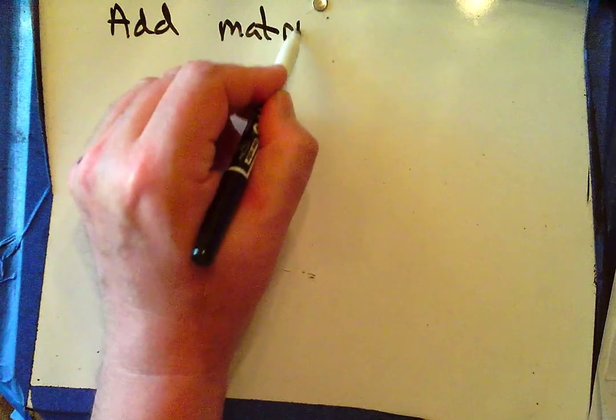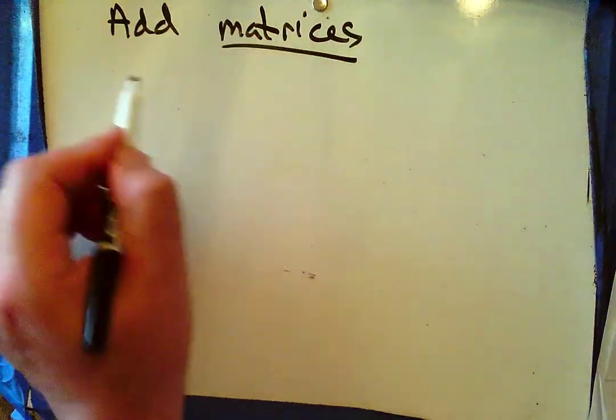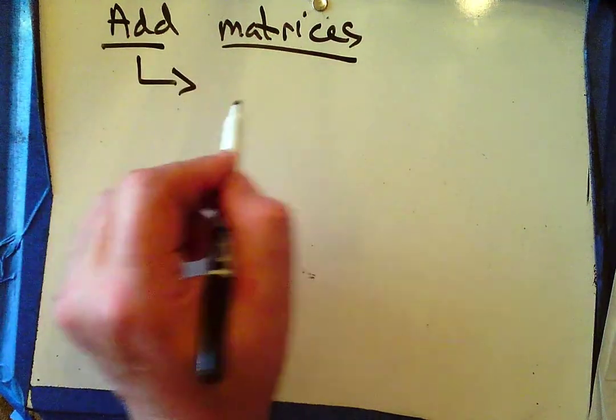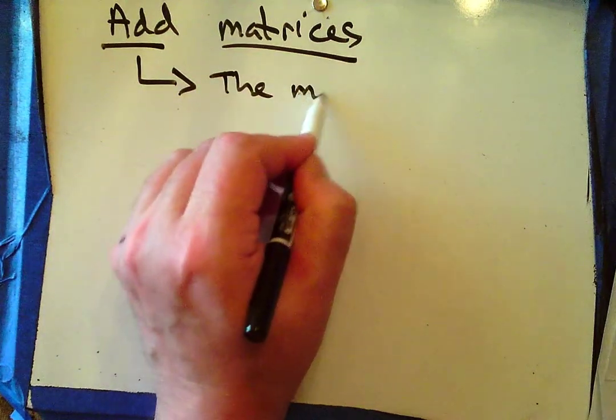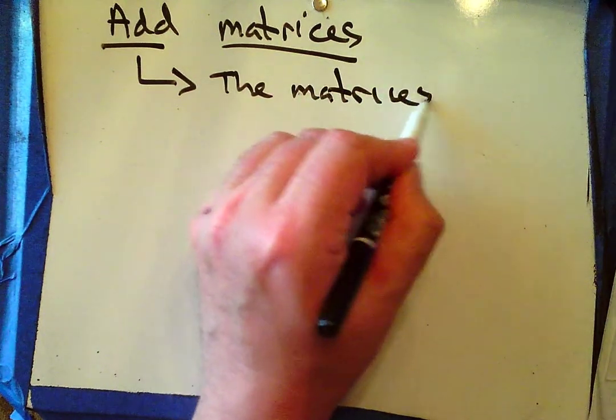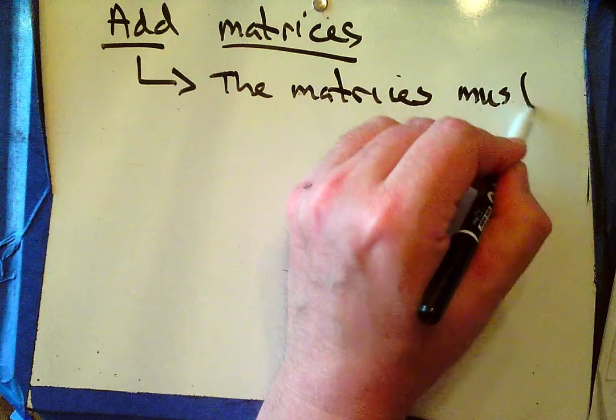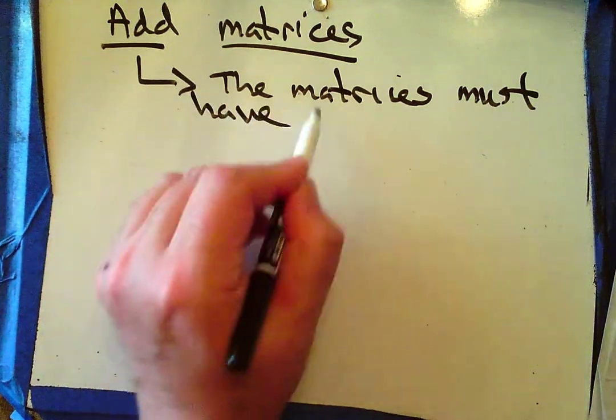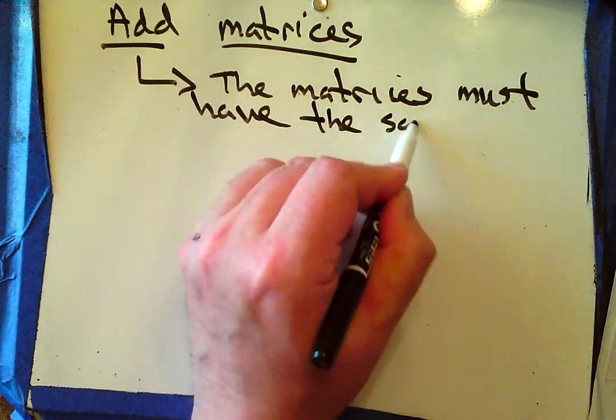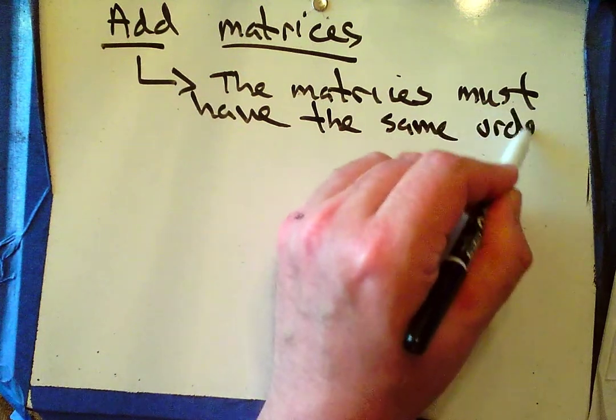Well, in addition to scalar multiplication, we can also add matrices. But there's a requirement. In order to add matrices, the matrices must have the same order.